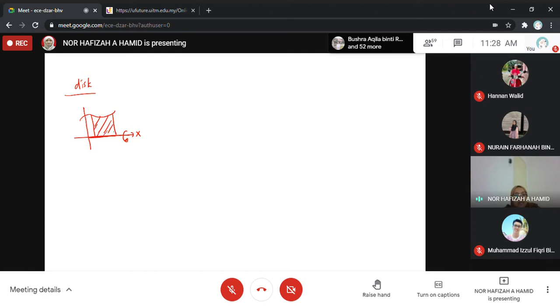Bila shaded region tu macam lekat dengan axis of revolution, so you kena solve pakai disk lah. Kalau washer, dia punya shaded region dengan axis of revolution tu mesti ada satu gap sikit. Dia tak attach betul. Contoh kat sini you punya shaded region. So kat sini, ada shaded region dekat atas. Lepas tu kita nak revolve pada x-axis.